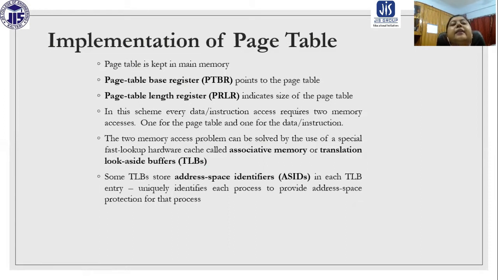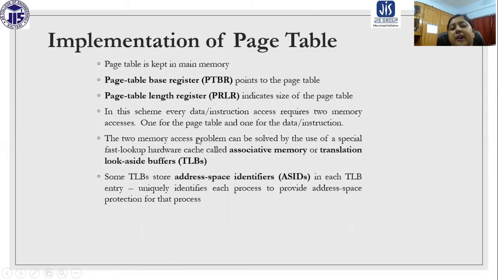After finding the frame number of that particular page, which indicates a location in main memory, we need to go to the main memory again to access the actual data. So every data or instruction access requires two memory accesses, one for the page table and one for the data or instruction.